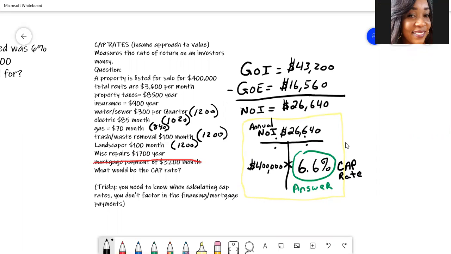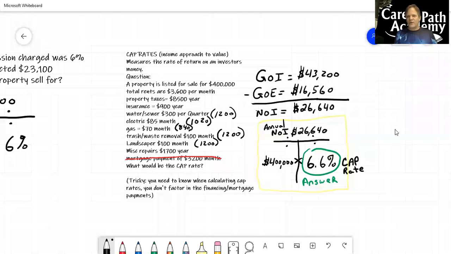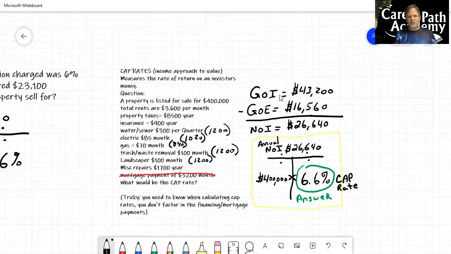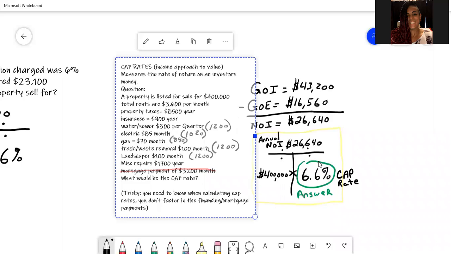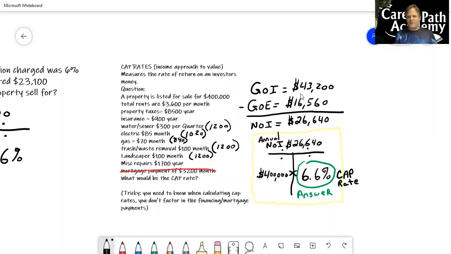The cap rate is a percentage. It's a rate of return. It would be the rate of return on the investor's investment. And what was the investor's investment? $400,000.